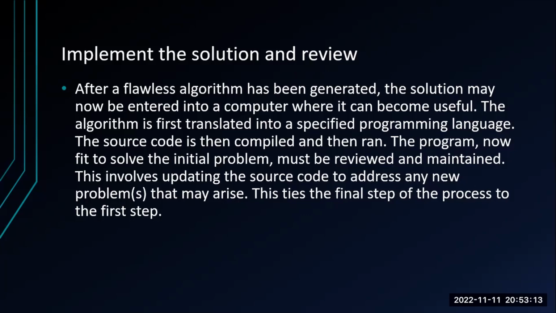So this would tie the final step of this process into the first step, making it a cycle. When you finish coding a program, the program is never completely done.